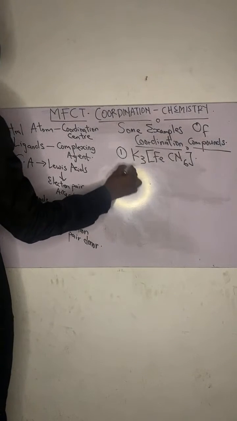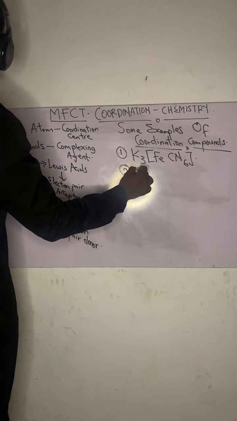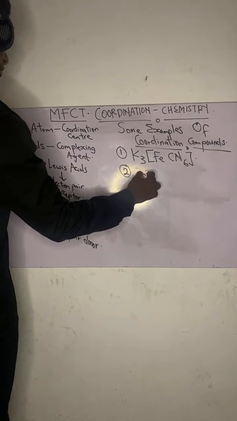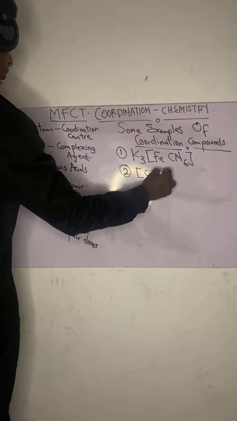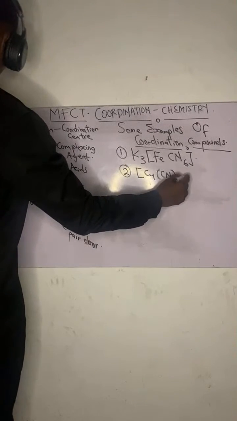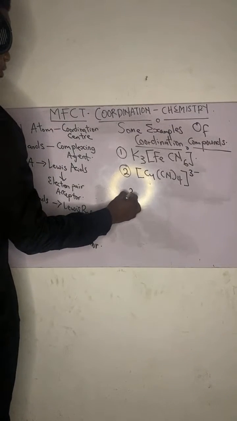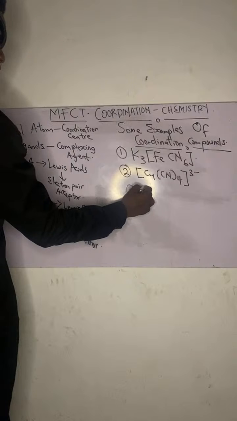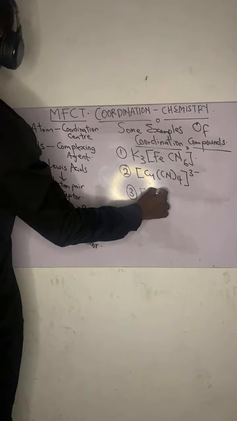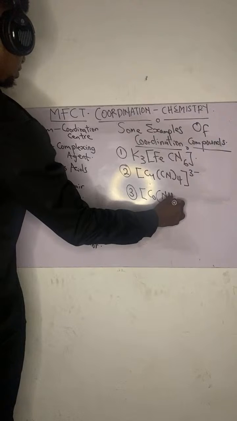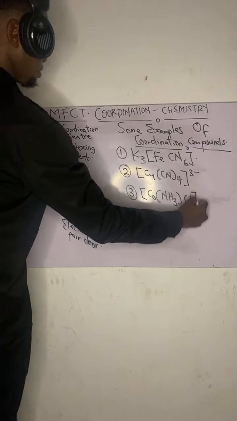Number two, we can have [Cu(CN)4]3-. Number three, we can also have [Co(NH3)4Cl2]. These are some of the examples of the coordination compounds.